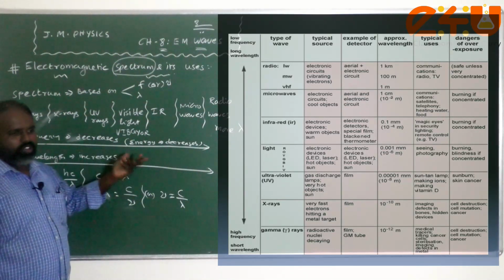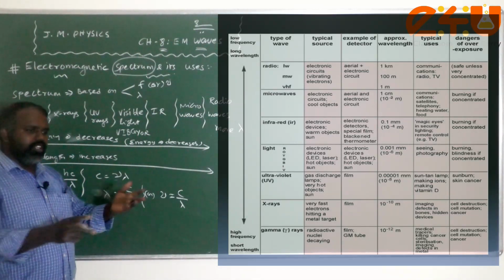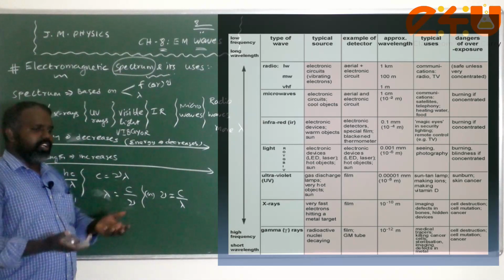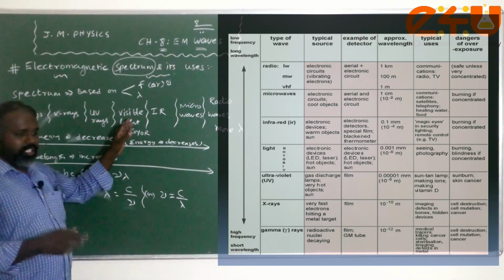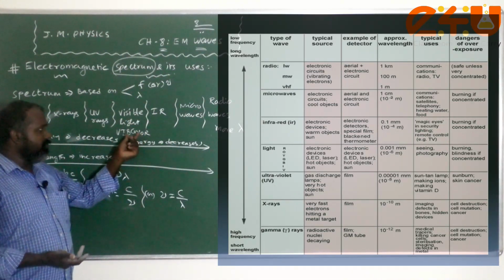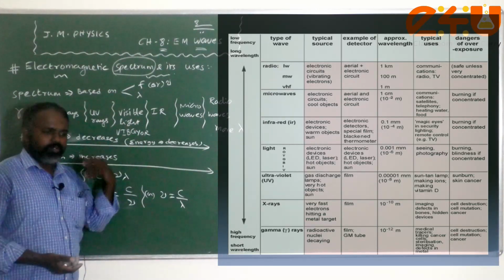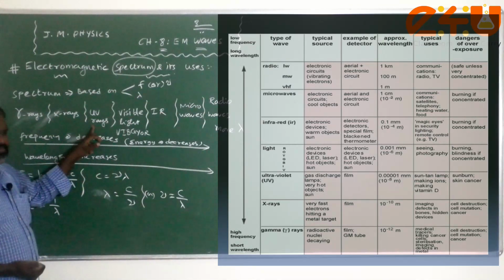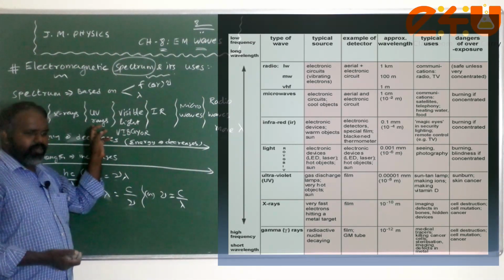And visible light, obviously we know that most of the world around us, the data can be observed by seeing their colors or the visible light reflected from them. Okay, and UV rays are used for a main purpose.